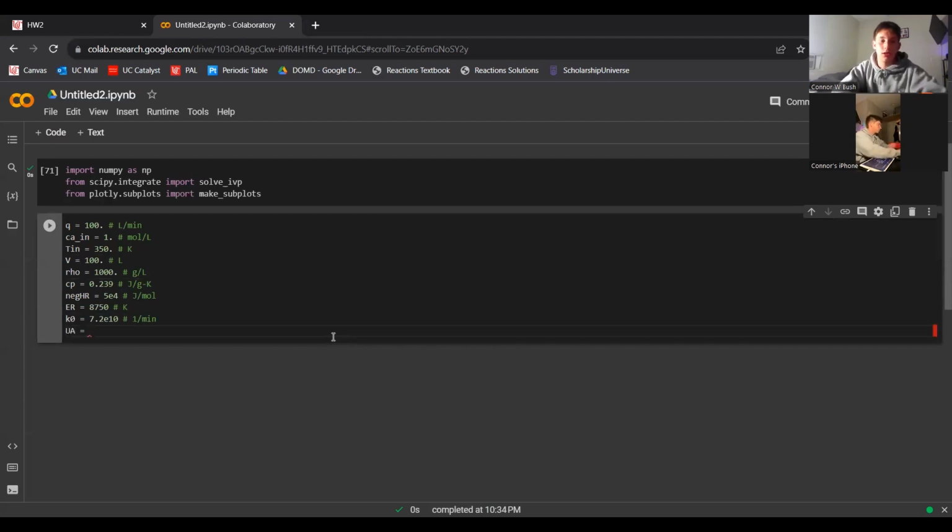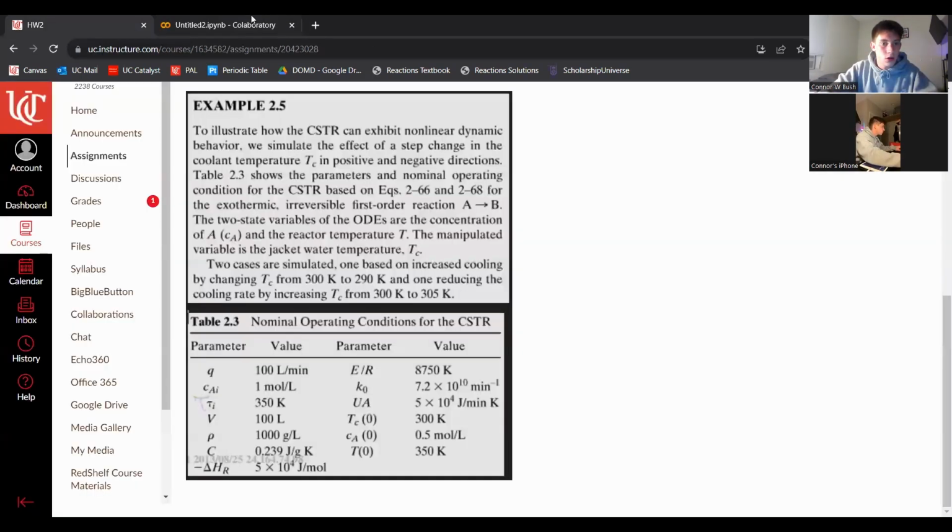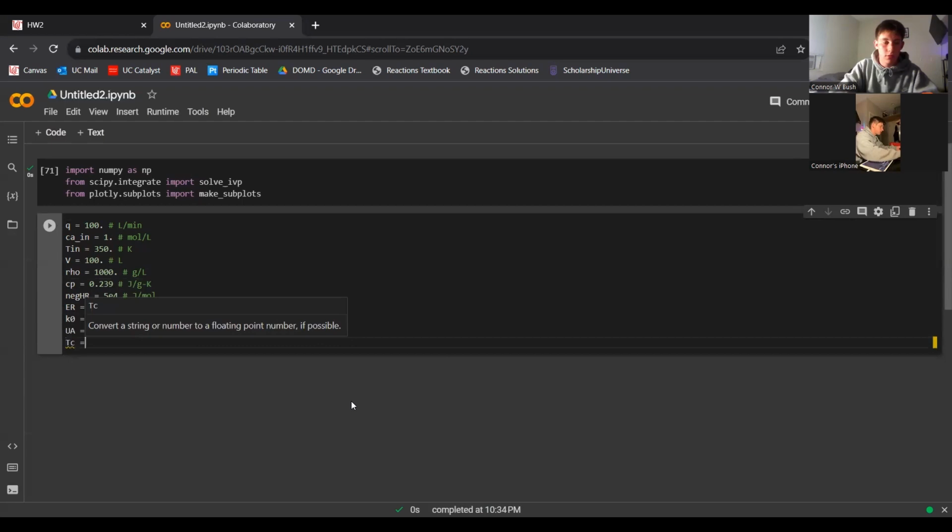Our coefficient in the heat transfer rate, UA, is given to us as 5 e to the fourth, in units of joules per minute Kelvin. And then we're going to call the cooling temperature TC. Since we're going to start at 300, we're just going to initialize that.